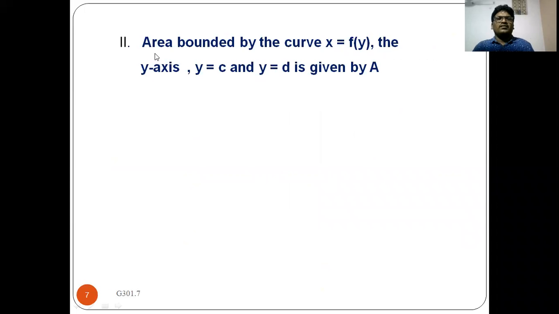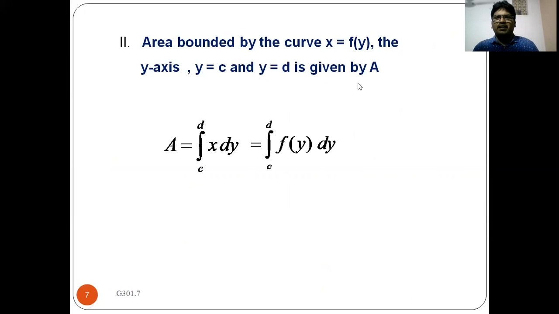Next, the area bounded by the curve x equal to f of y, the y-axis and the lines y equal to c and y equal to d is given by A. Before this topic, we learned y is equal to f of x, where the curve is above the x-axis.